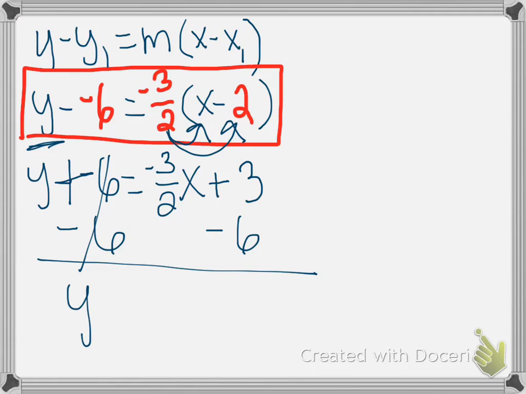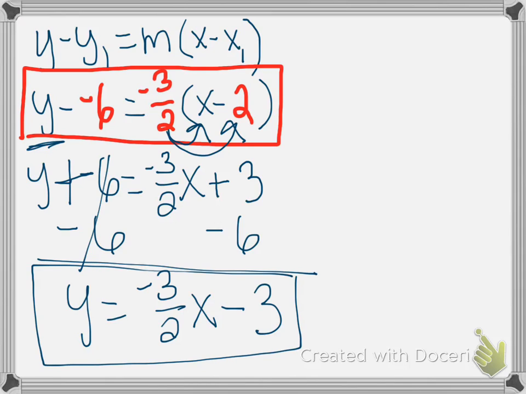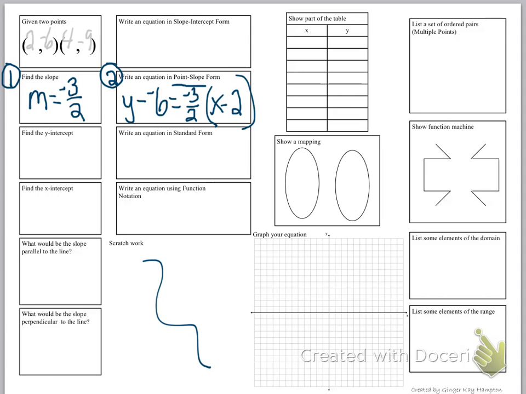And I get y equals -3 over 2x minus 3. And there's my equation in slope-intercept form, or y equals mx plus b. So let's go put that on our paper. So that was box 3.